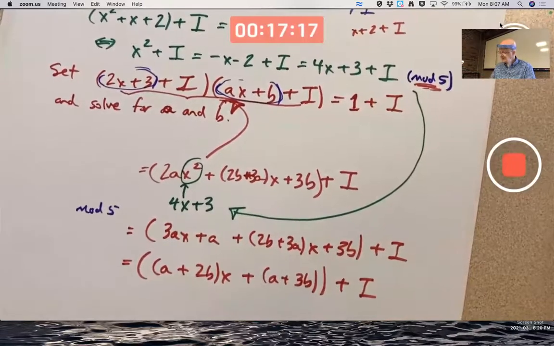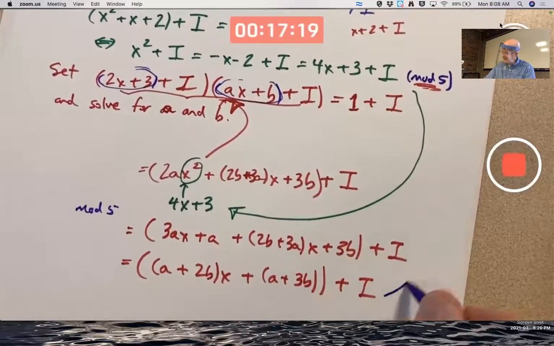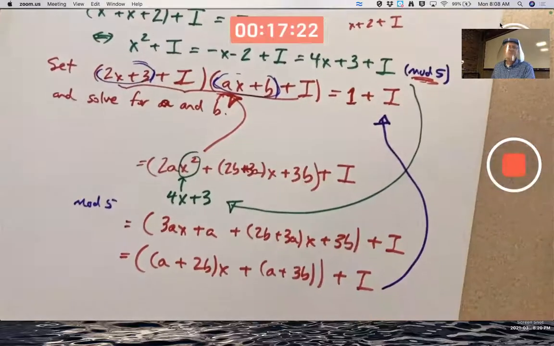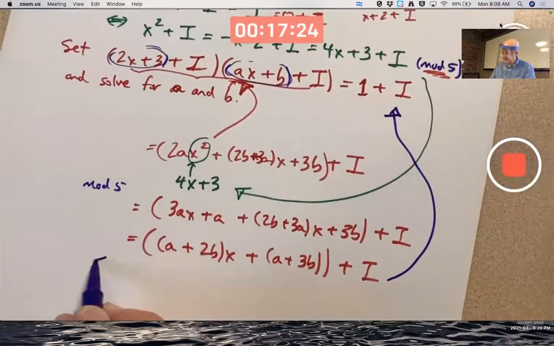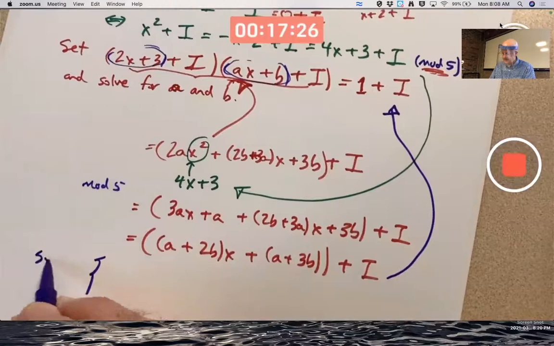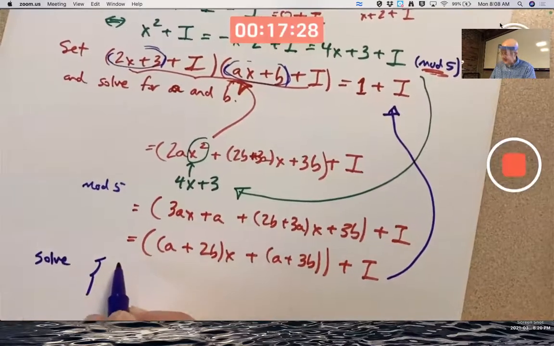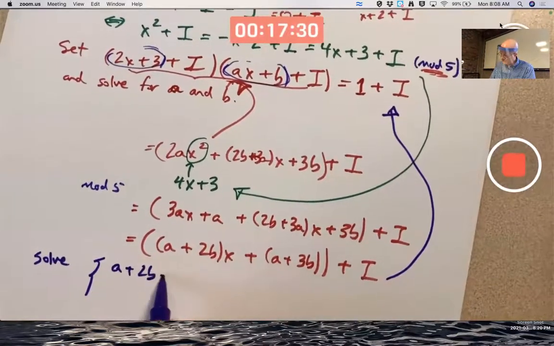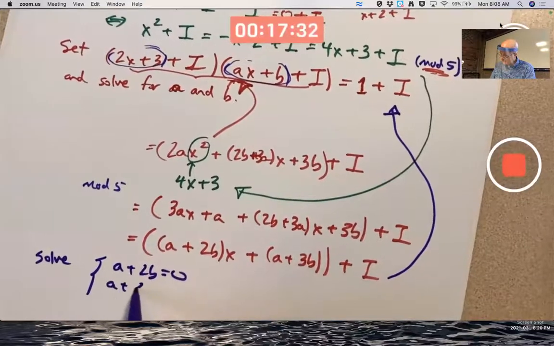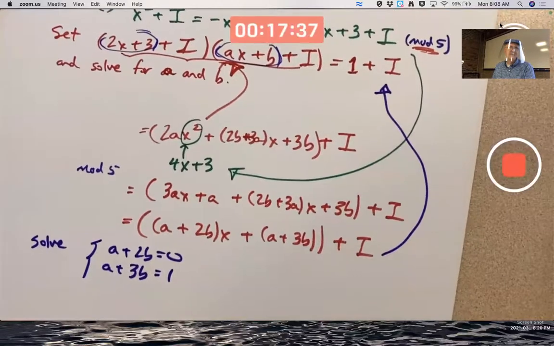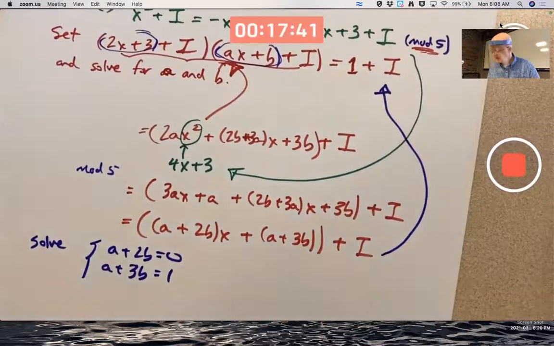I want this to equal that. So I get a system of equations. I need to solve a plus 2b equals 0 and a plus 3b equals 1. System of linear equations in the unknowns a and b. I'm looking for solutions for a and b that are either 0, 1, 2, 3, or 4. And I need to think about doing calculations mod 5.